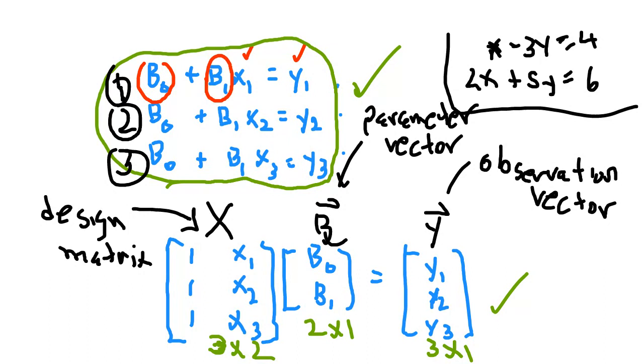That's equivalent to a line of best fit. You have 3 data points here: x1, y1, x2, y2.